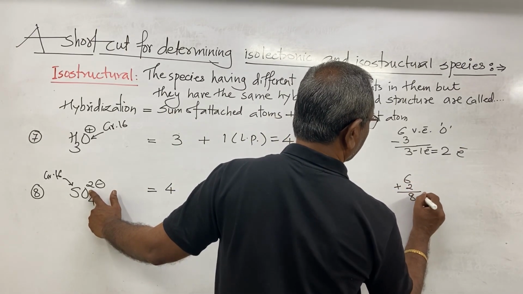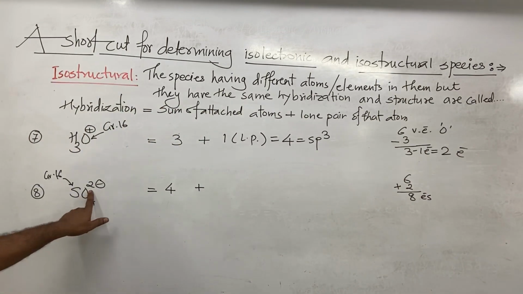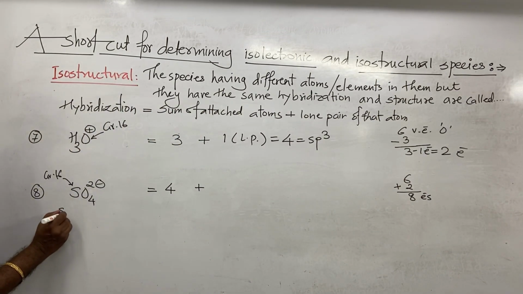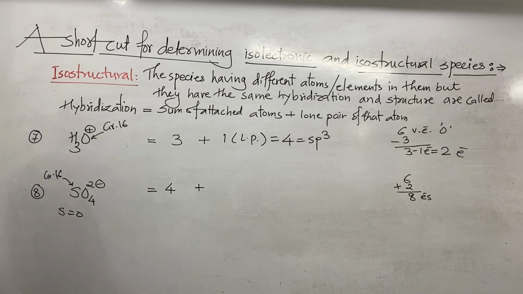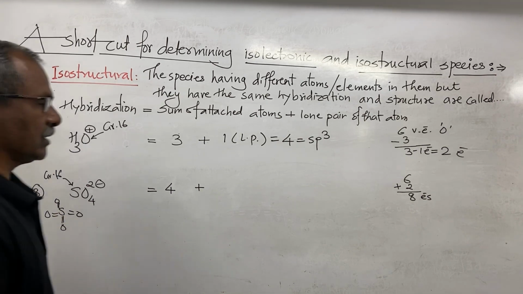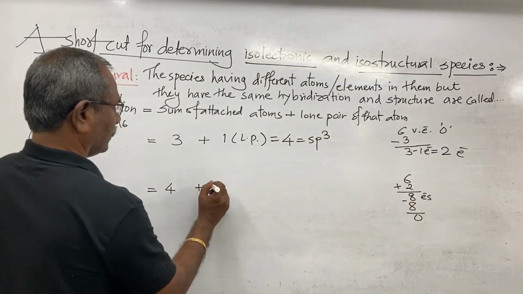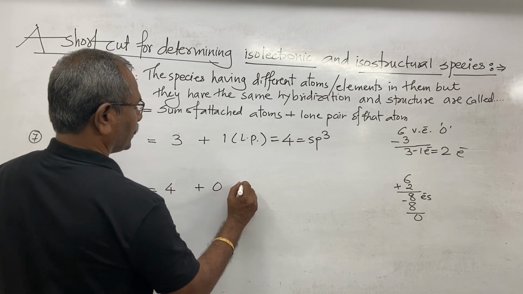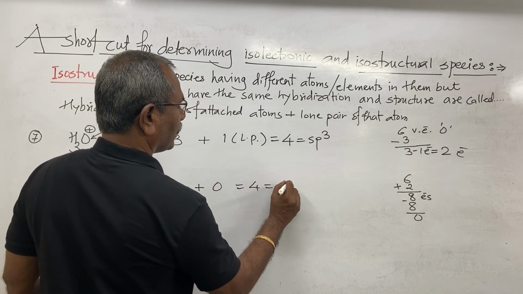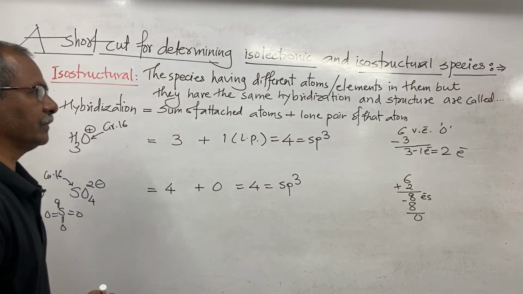So total is 8 electrons, and out of 8 electrons, here sulfur forms double bond with oxygen. So in all there are 4 oxygen atoms, which means sulfur uses 8 electrons. So 0 lone pair. So it is equal to 4, which is sp3 hybridization.